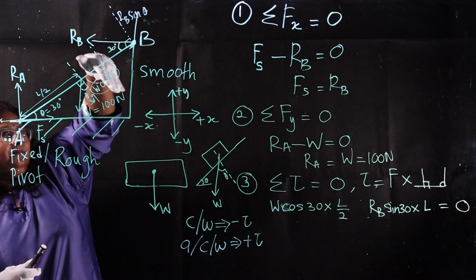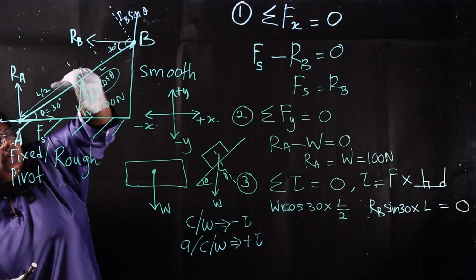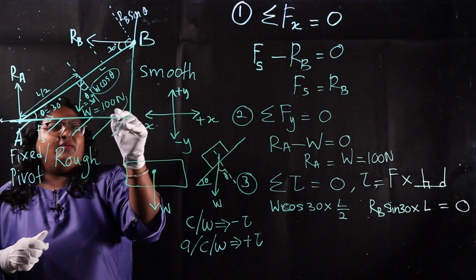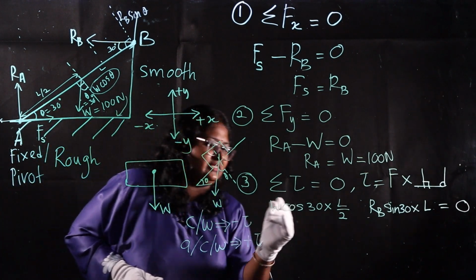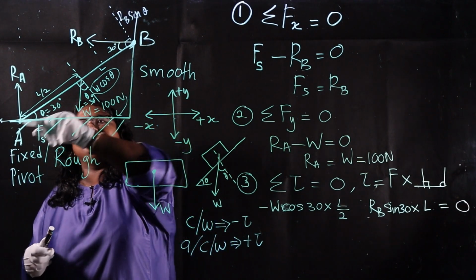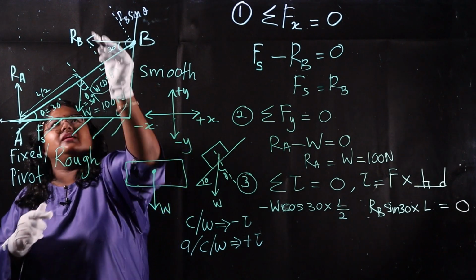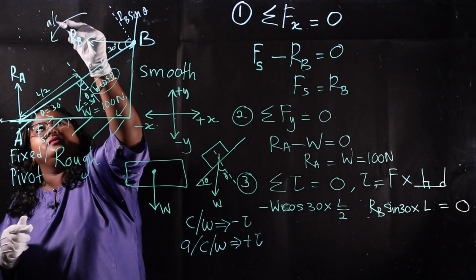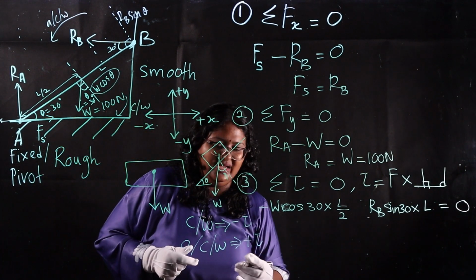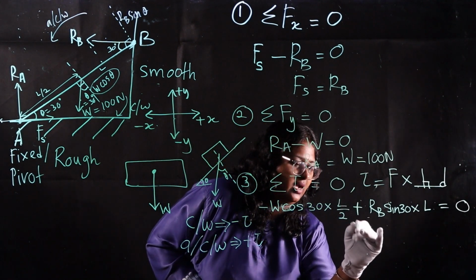We put it at the force, and this is the distance, so we curve here, and it is moving clockwise. Clockwise is negative. Then this is the Rb and this is the distance, so we curve here, it will be anti-clockwise. Anti-clockwise will be positive.